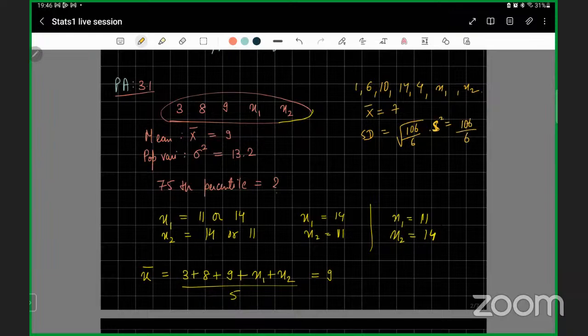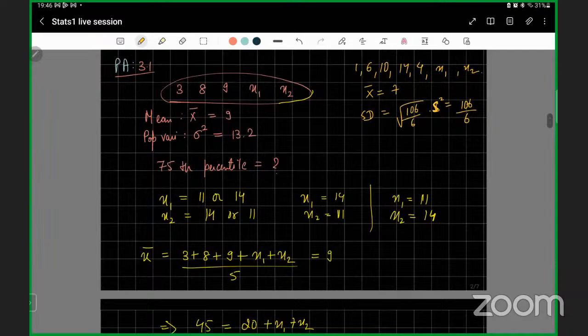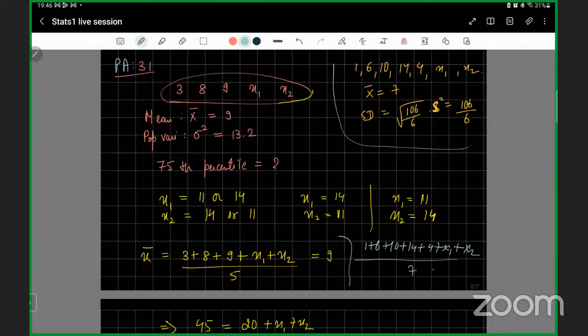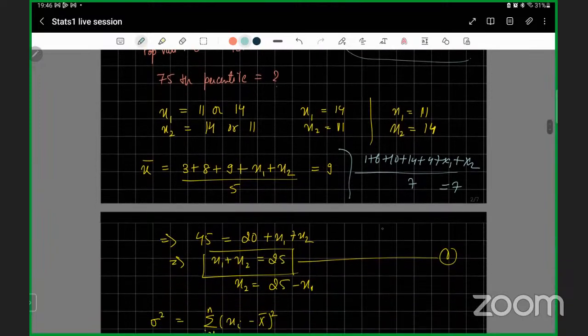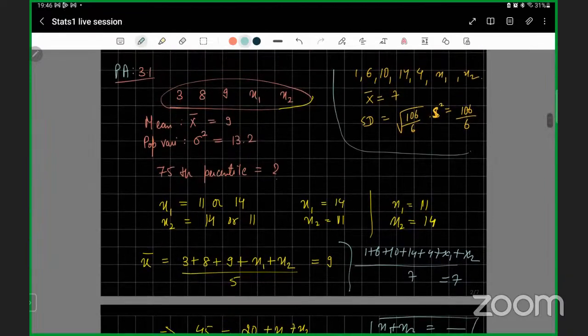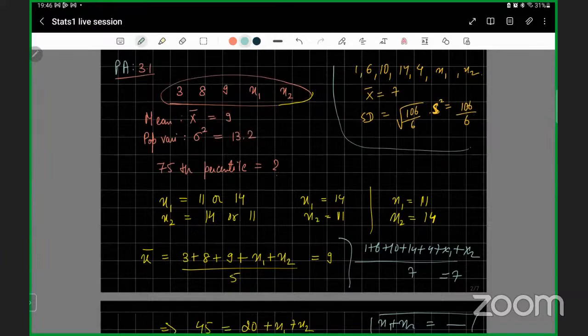Now I will just use the formula. I'm just going to write 1 plus 6 plus 10 plus 14 plus 4 plus x1 plus x2 by 7 equal to 7. And from here I find one equation based on x1 plus x2. Then you have this sample variance 106 by 6.